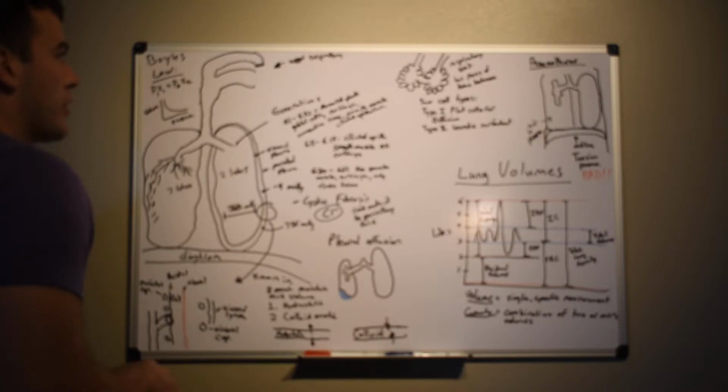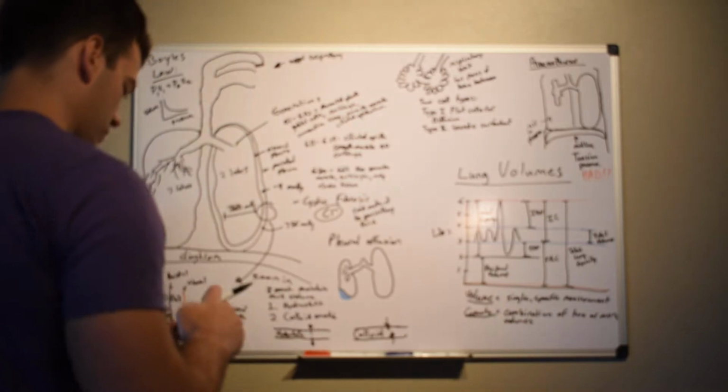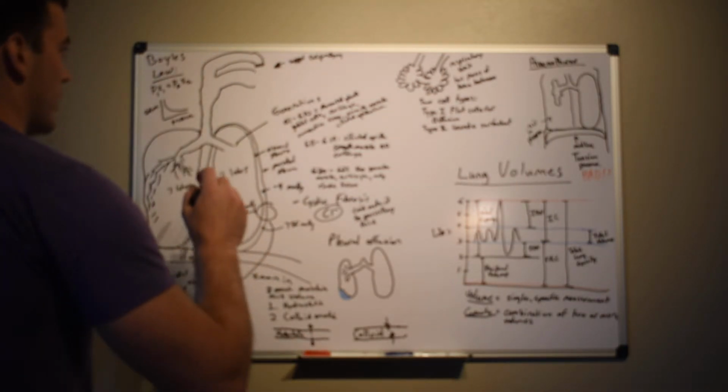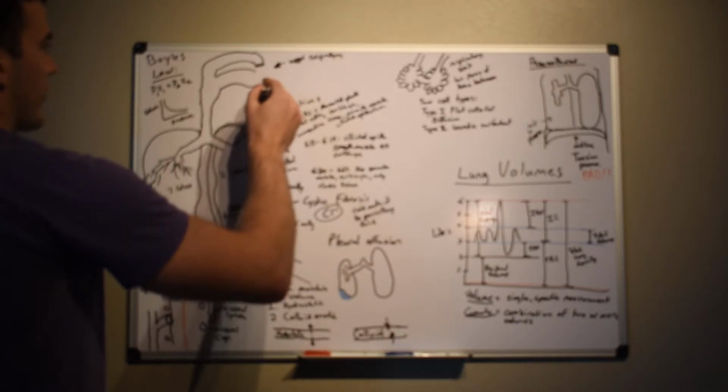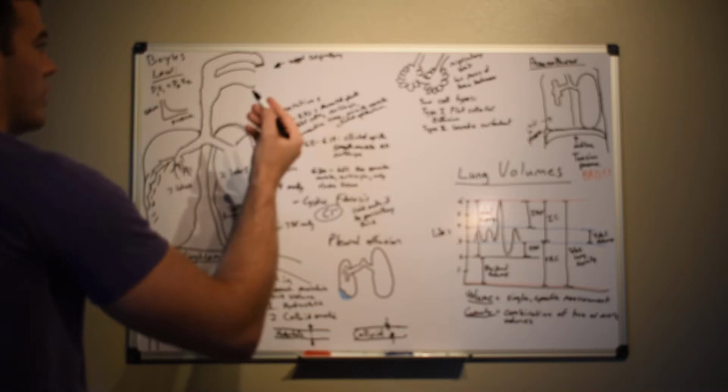Okay, going on, I'm not going to list off the anatomy of the respiratory system because that's not too hard. But we're going to follow a particle of air going through the respiratory system.